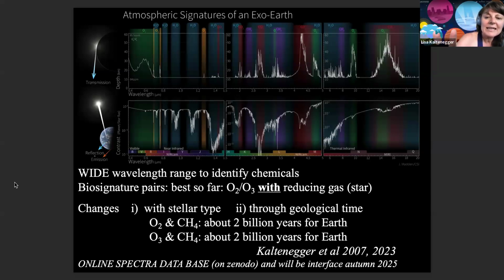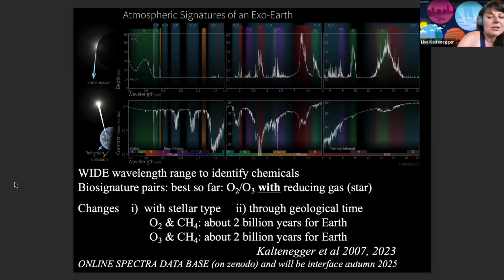One of the key points here is that the different wavelengths give you access to different features. And so it is crucial to have a wide wavelength range to actually confirm which features you see. And our best biosignature pair so far, so one gas alone is not going to tell you that there's life.